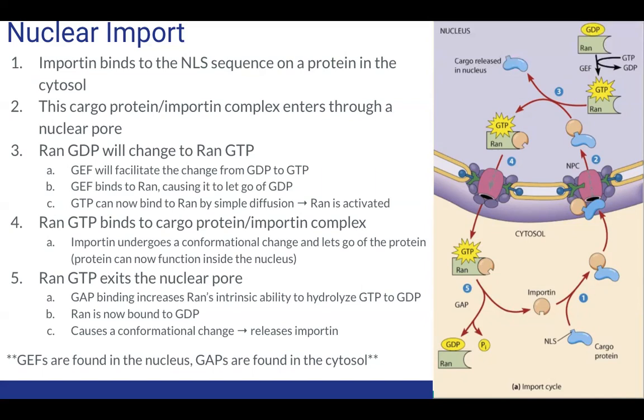Once outside, back in the cytosol, with the help of a GAP, it will bind to RAN and increase its efficiency to hydrolyze GTP to GDP. And once it's bound to GDP, it will release importin and the cycle will start again. It's important to remember that the cargo protein does have an NLS sequence on it. And a good thing to remember is GEFs are normally found in the nucleus and GAPs are found in the cytosol.